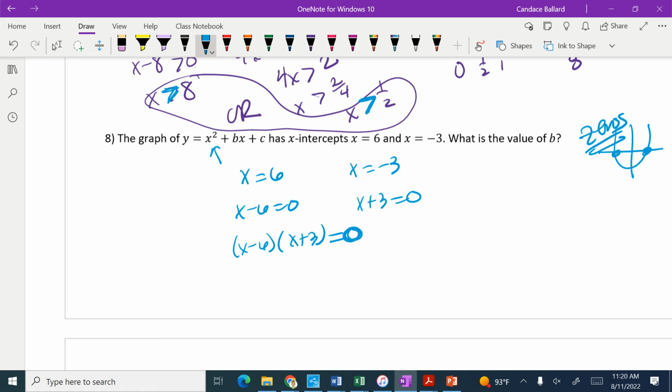What do you think we should do there? Yeah, we're going to have to FOIL it. All right, you guys should be able to FOIL. FOIL it and figure out what b is.